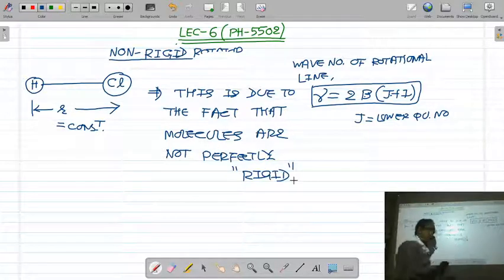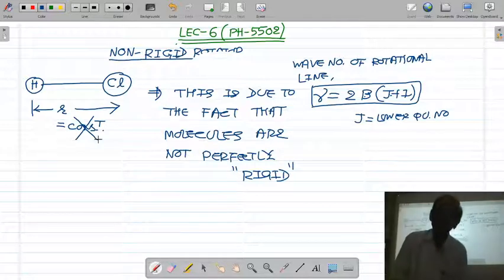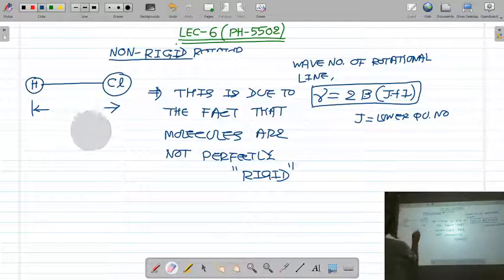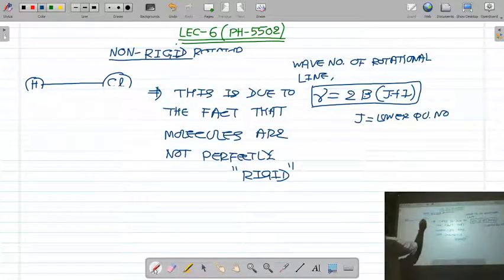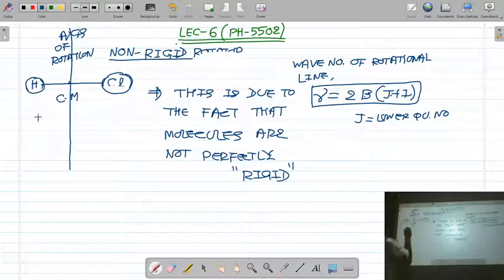This means R is not going to be constant between two atoms of the molecule. Now why does this happen? R is also known as bond length.